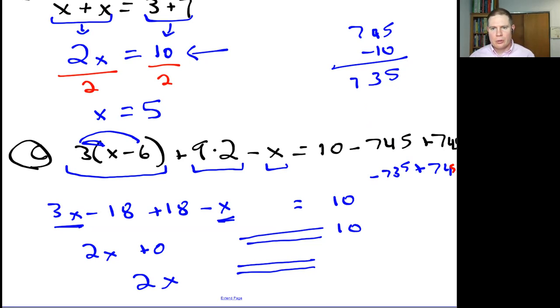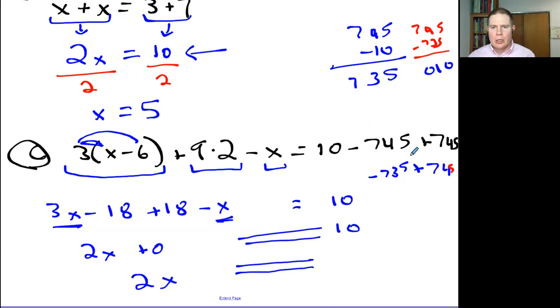What's going on here? All right, 745 minus 735. And 0, 4 minus 3 is 1, 7 minus 7 is 0. What a waste of time, right?